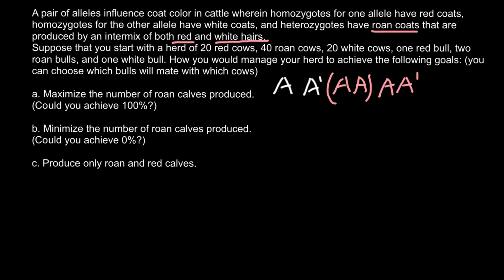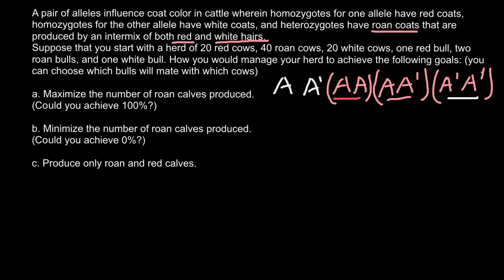This would stand for the roan color. And the last variant would be A prime, A prime, and this would stand for the white color in progeny. So red, white, and this would be roan. And now we can easily solve this problem.